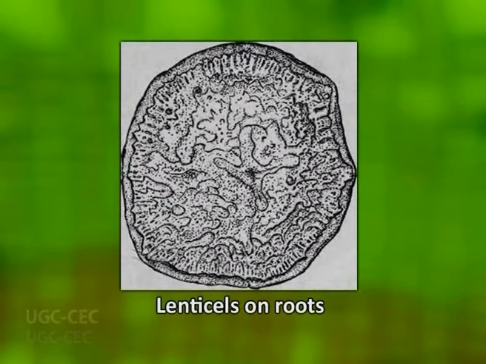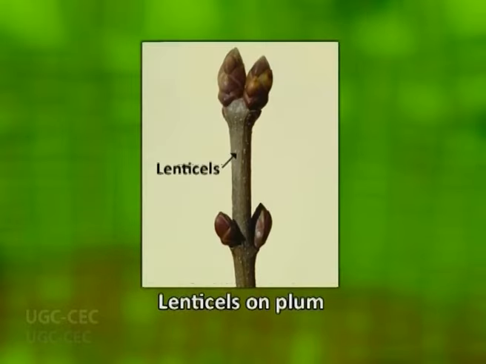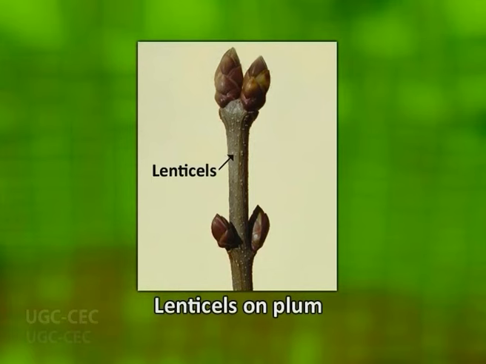Lenticels are also found on many roots. The large lenticels of Morus alba are conspicuous features of the orange colored surface. The so-called dots on the apples and plums are familiar examples of lenticels on fruit.